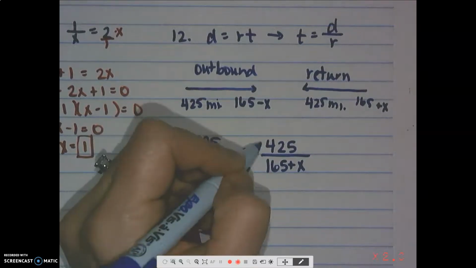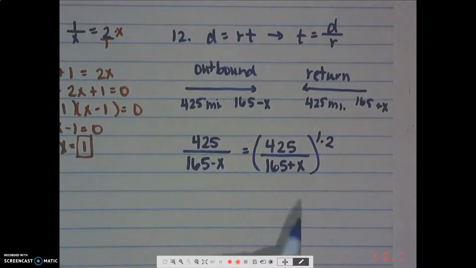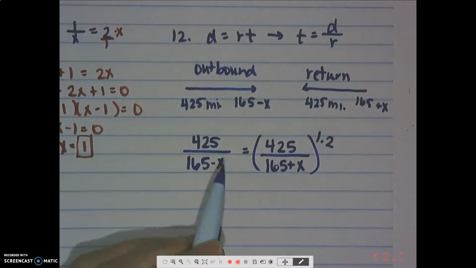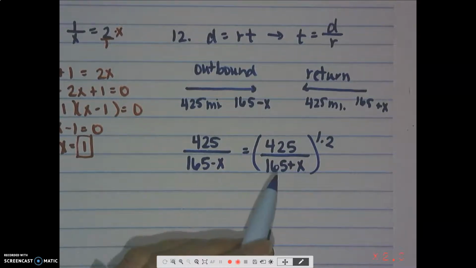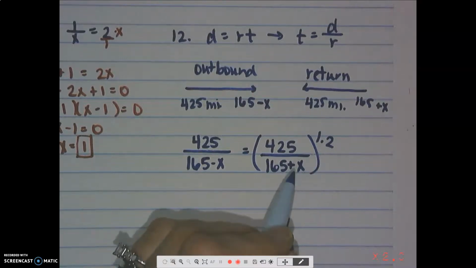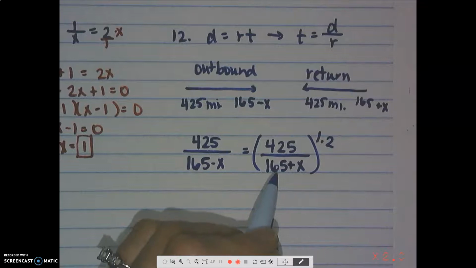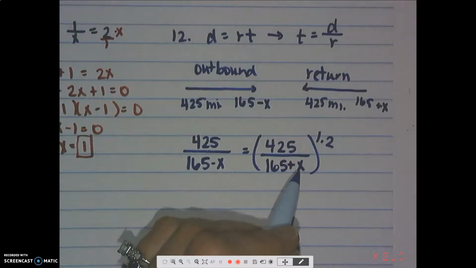That means that we need to multiply the 1.2 by the return. Okay, this one is slower, which means I need to take the faster one and multiply it by the 1.2. You need to take the faster one. This is the faster one because it's taking the speed of the plane and adding the wind to it.